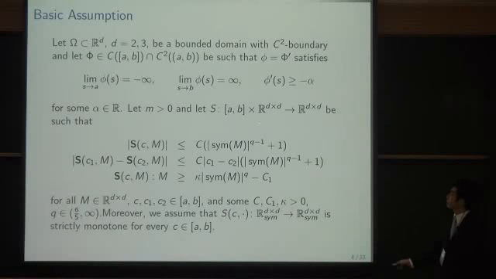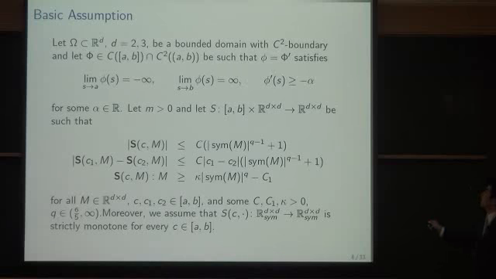The basic assumptions on small phi and S are as follows. Small phi is defined by large phi, and omega is a domain in R^d, d is 2 or 3, a bounded domain with C2 boundary. Let large phi be in this class: a continuous function on the closed interval [a, b], and a C2 function on the open interval (a, b).